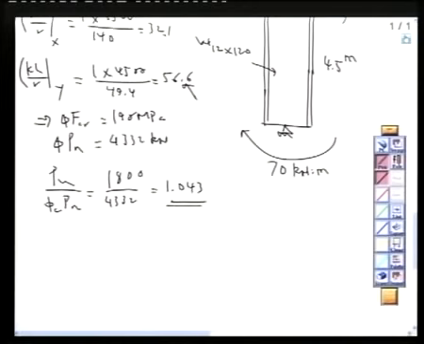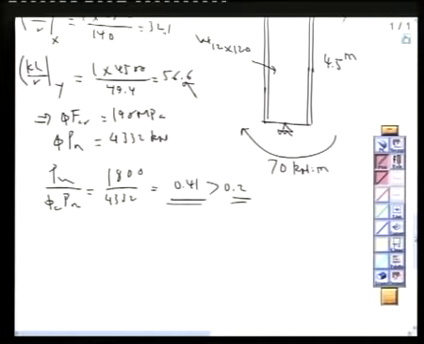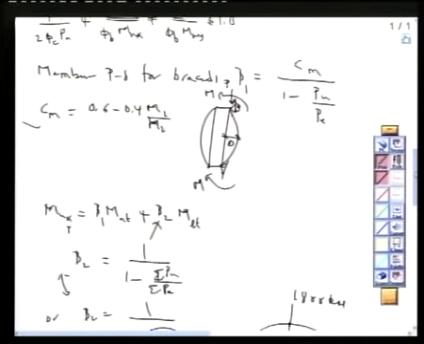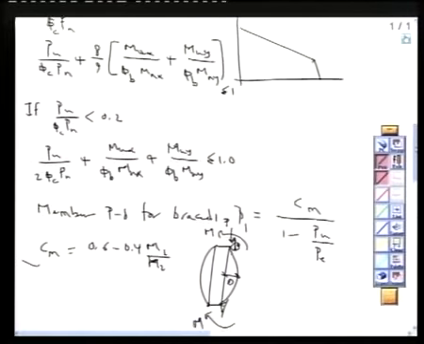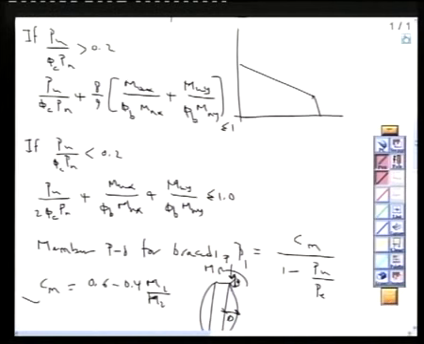Thank you very much. It's illogical. It should be less than 1. If you make this division, you will find that it is 0.41, and 0.41 is greater than 0.2. If it is greater than 0.2, we go back to the equation. This is the equation if it is greater than 0.2.